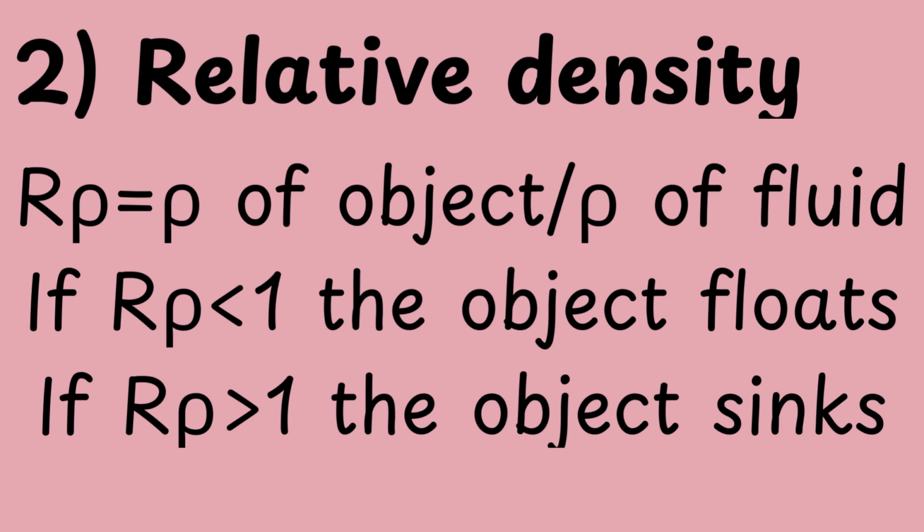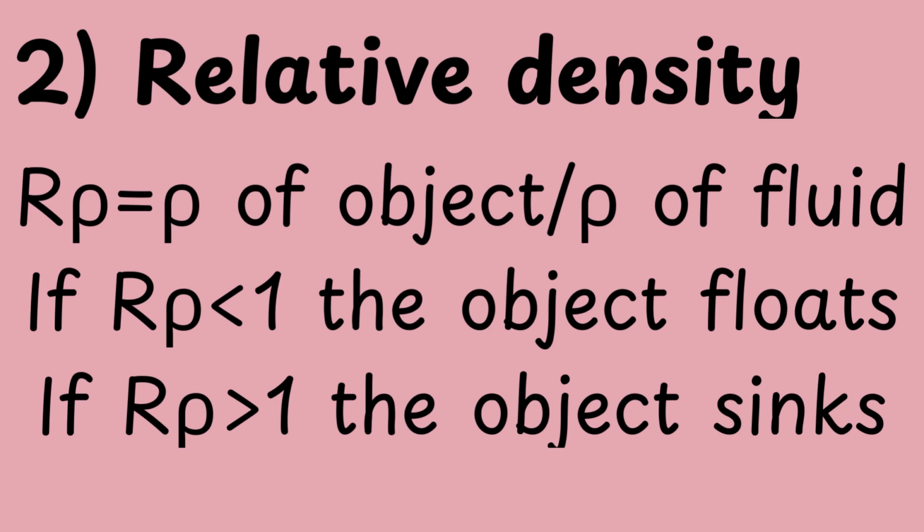Obviously, when the density of the object is higher than the density of the fluid, it will give you an improper fraction. An improper fraction means it is greater than 1. That means it is sinking. If the density of the object is less than the density of the fluid, it will give you a proper fraction.